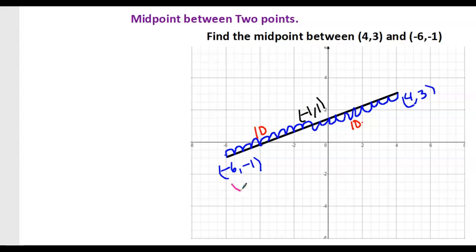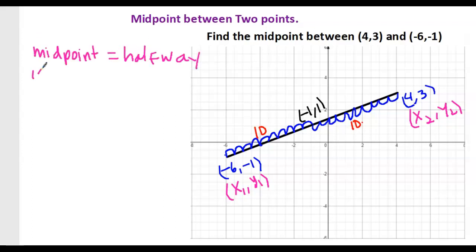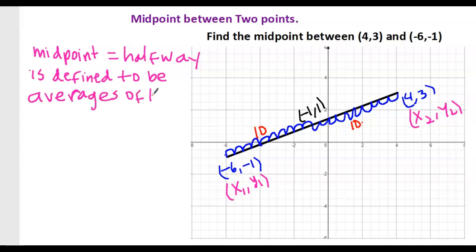Also, in case this one was x1 and y1, and this one was x2 and y2, what we are saying is that the halfway midpoint is defined to be the average of the endpoints.